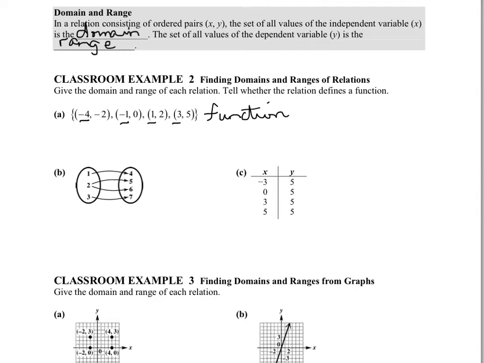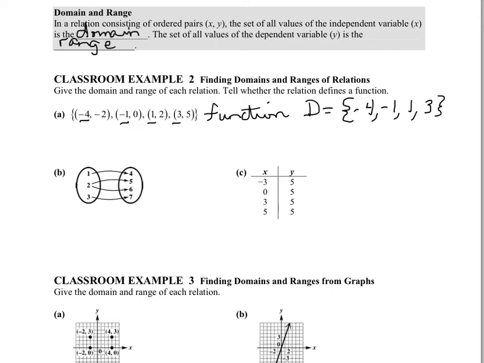Now, to list the domain, I'm going to put inside the set notation, which means I open up a brace. Please don't use parentheses. You need to use a brace. And we will separate these individual x values with a comma. So I have -4, -1, 1, and 3.